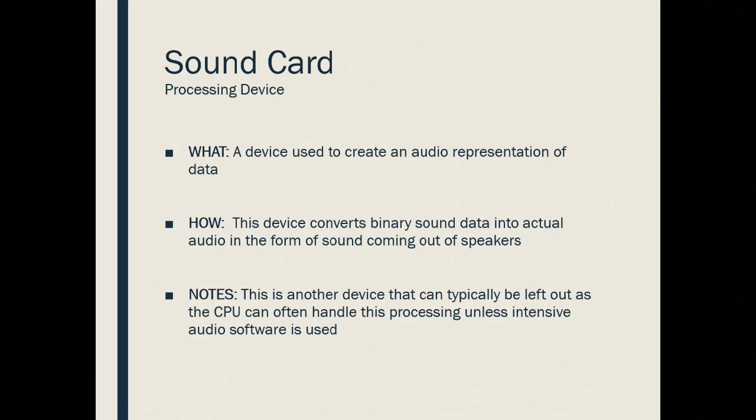It can take sound data from a microphone, but it can also deal with sound data that's going out to the speakers. So it can handle both interactions. This is another device that can typically be left out, because again the CPU can handle most of this stuff. Unless you really need surround sound or whatnot, your sound card can oftentimes just be left out.